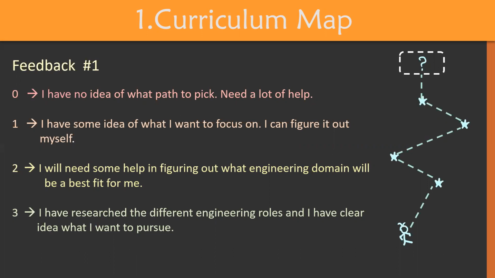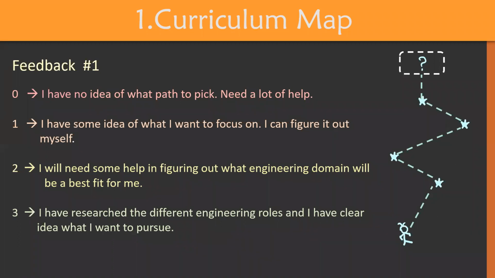What I hear a lot from students is that there is no clear idea what path to pick. There are so many courses available. So in case you are in that bucket where you don't have a very clear idea what path to pick, then you can respond with a choice 0. Or in case you have some idea what you want to focus on, and you think you can figure it out yourself, then you can respond with 1.